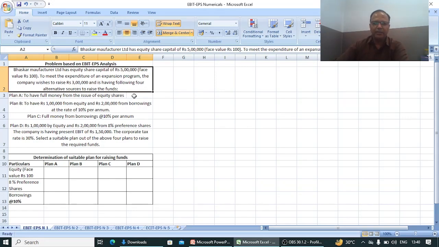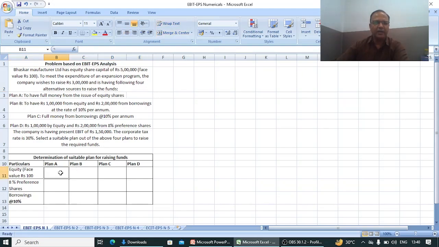Plan B, to have rupees 1 lakh from equity and rupees 2 lakh from borrowing at the rate of 10% per annum. Plan C, full money from the borrowing at the rate of 10%. And plan D, rupees 1 lakh by equity and rupees 2 lakh from 8% preference share.